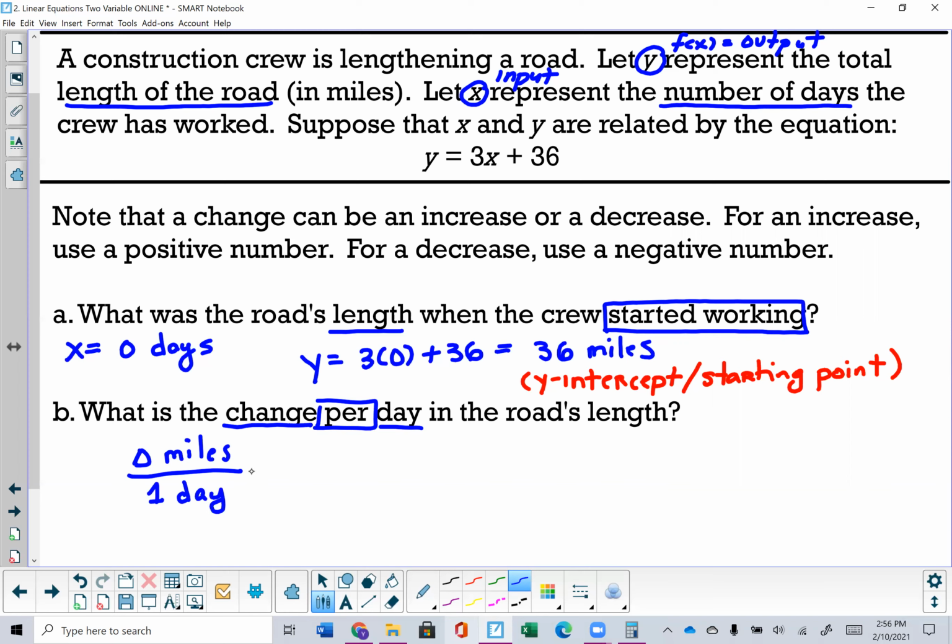That's what it's asking for. So that is referring to the slope. And what is our slope? 3. Or 3 miles over 1 day.